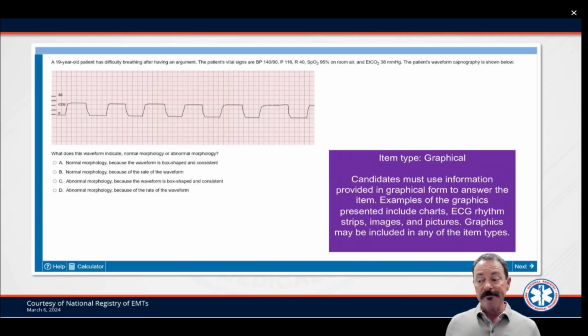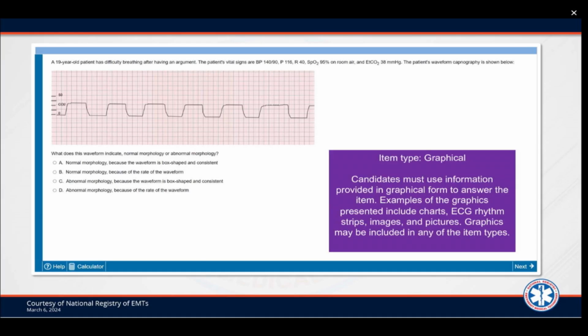The patient's waveform capnography is shown below. Okay, this is a question about waveform capnography. Then we've got these answers that we can look at, and it says, what does the waveform indicate? Normal morphology or abnormal morphology? That's all it's asking you.